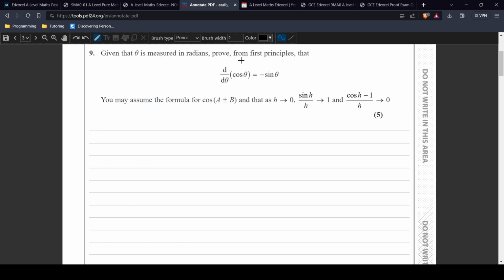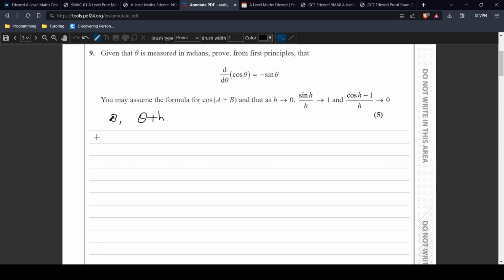Okay, so for this question, we want to show that the derivative of cos theta is minus sine theta. And we want to show this from first principles. Right, so if we want to do it from first principles, then we need to choose a small value of h, and we need to work out the gradient between theta and theta plus h.